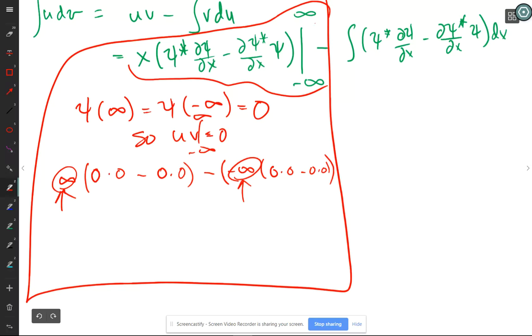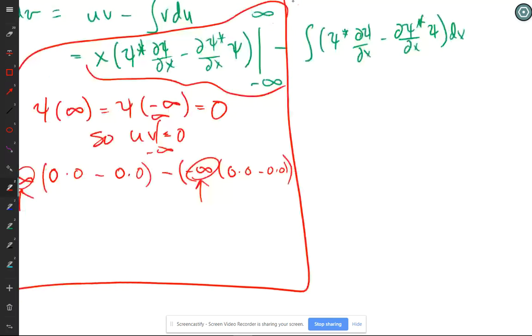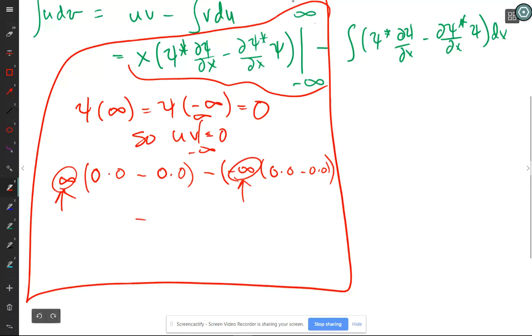Because that's what that really is, right? You have the evaluation. I'm sorry, I should have put the evaluation things there. So that's all 0. And so we just have to worry about this negative integral here. And so we'll break that up into 2 integrals.